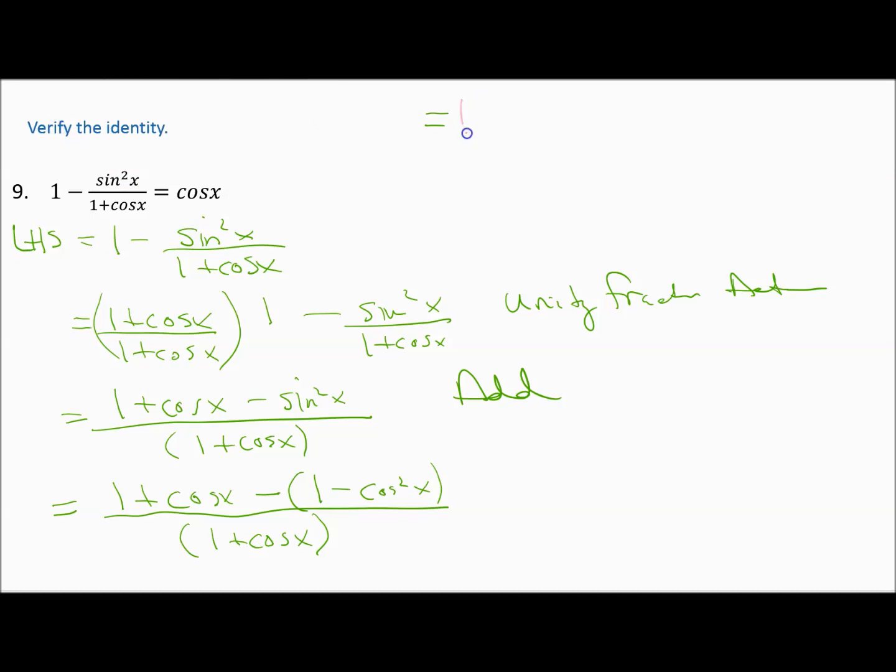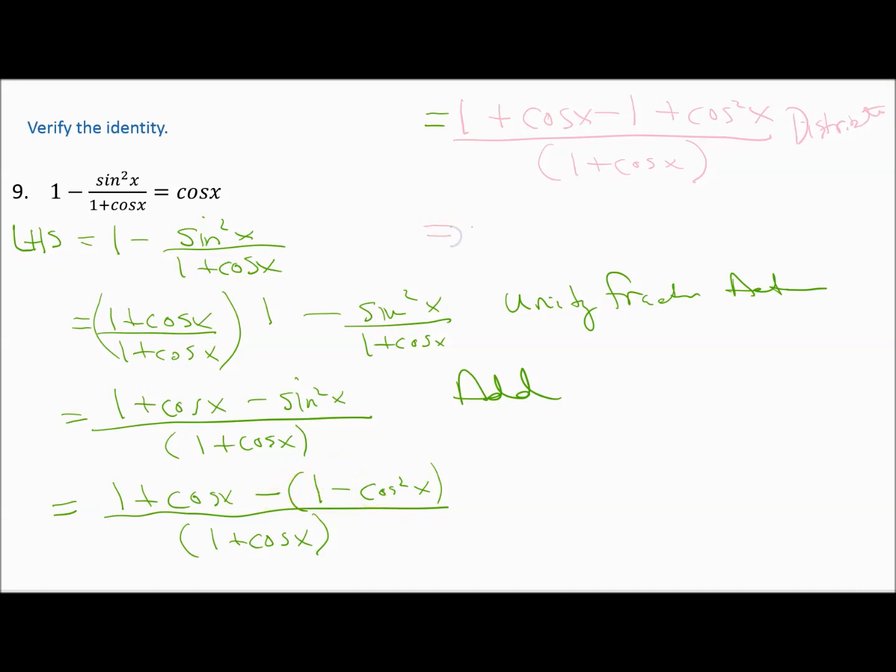This is going to be 1 plus the cosine of x minus 1 plus the cosine squared of x over 1 plus the cosine of x. Okay? Now, like term, by the way, again, distribute. That's all I did there. After we used the Pythagorean identity, I had to distribute that minus inside.